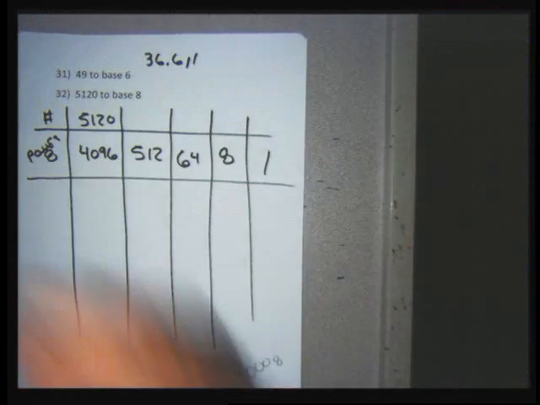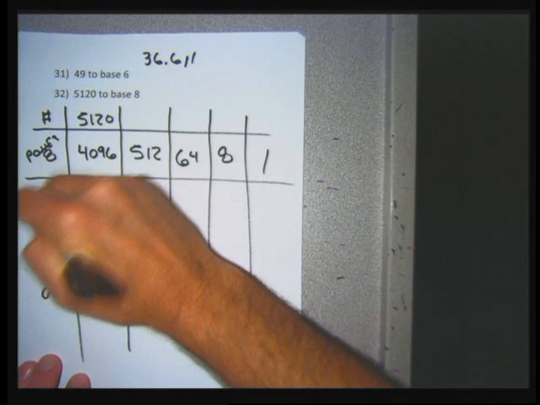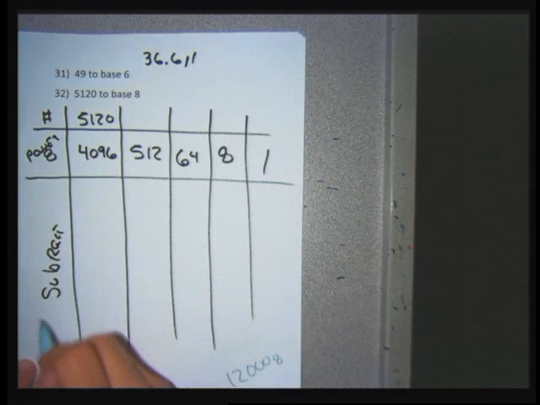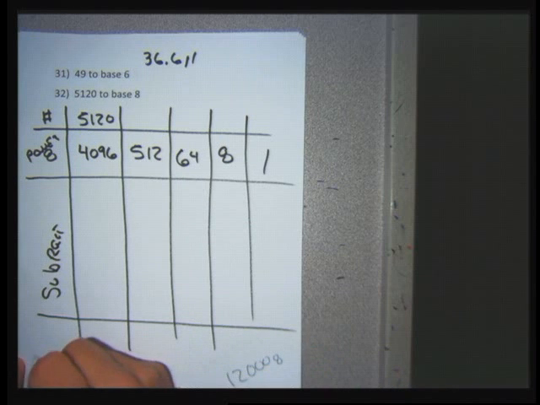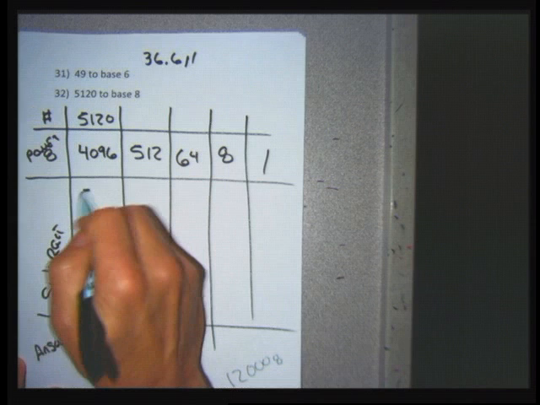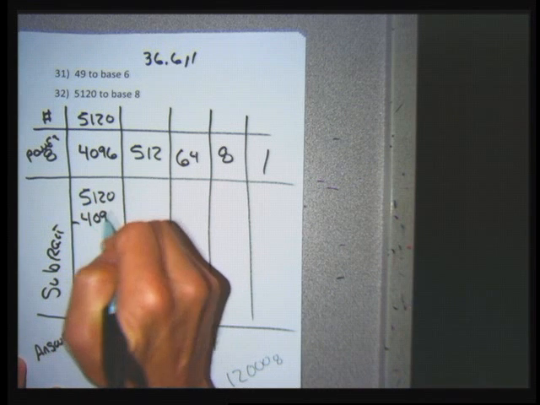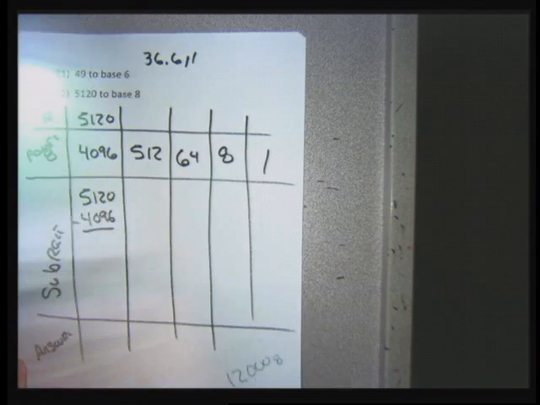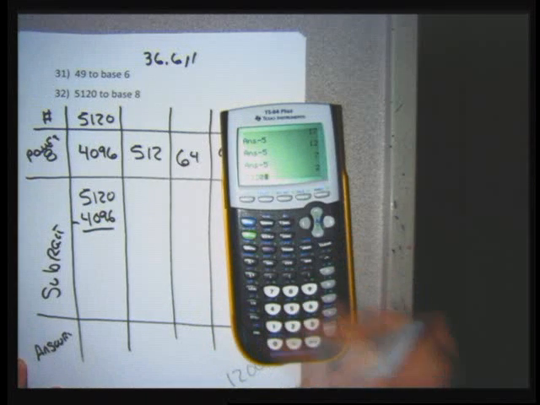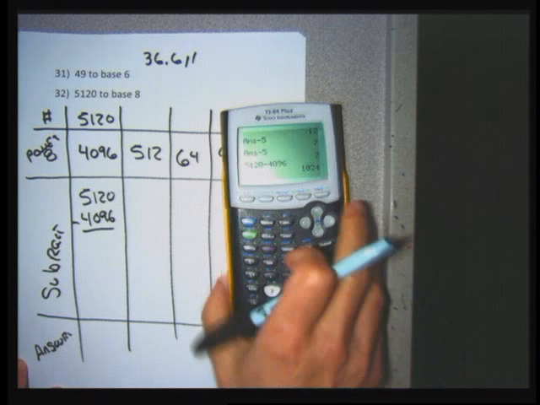Now I'm going to subtract. And I don't have to do more than 2, and then I get my answer. So first, 5120 minus 4,096, 1,024.